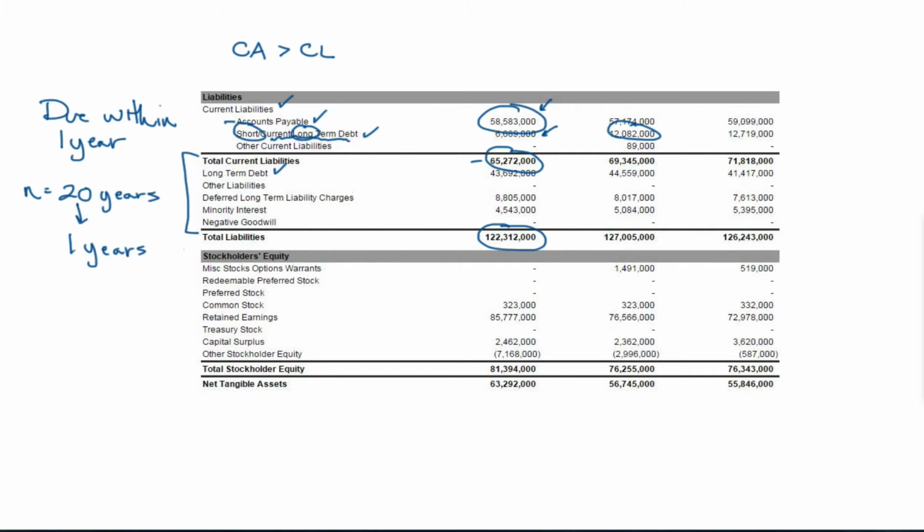The next item that is a little more unusual, that I'm going to spend a little bit of time talking about, is the deferred long-term liability charges. So these are debts, things that we owe that are going to become due in the future, that we've essentially put off over a period of time. So they're long-term, meaning that we're not going to pay them for about a year, but they still are some liability charges, some things that we're going to owe potentially at one point or another.